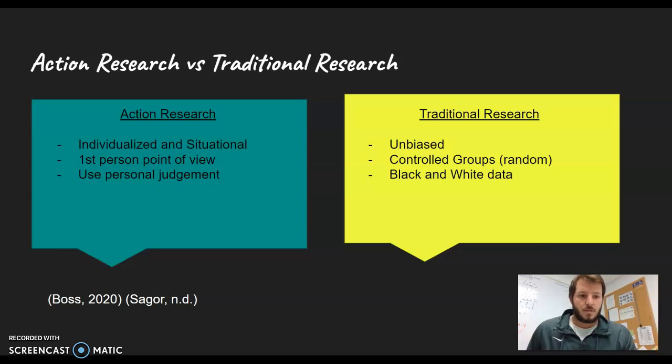And because of that, all of your data is just going to be black and white. Basically, in traditional research, you're putting a person as a number without knowing anything about that person. So it takes that personal judgment out of there and just allows you to look at just the facts.